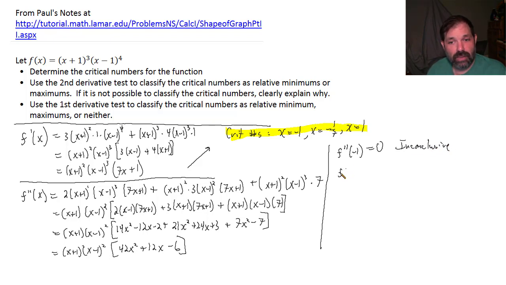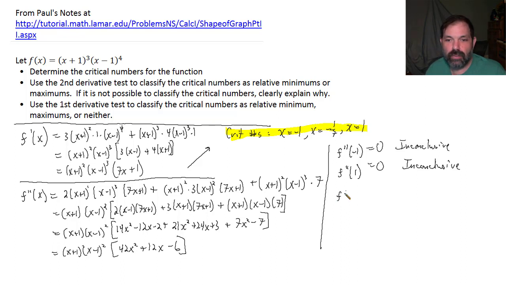Similarly, f double prime at 1 is also 0. Again, inconclusive. So we cannot use the second derivative test to determine if there are relative extrema at -1 or 1. We would have to use the first derivative test for those.